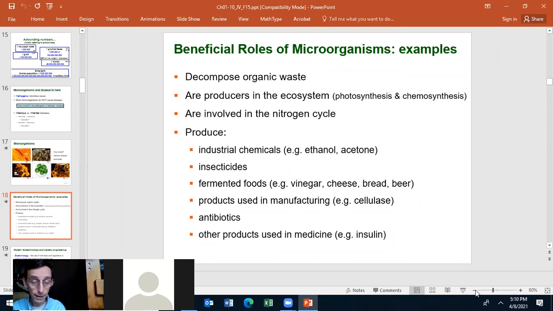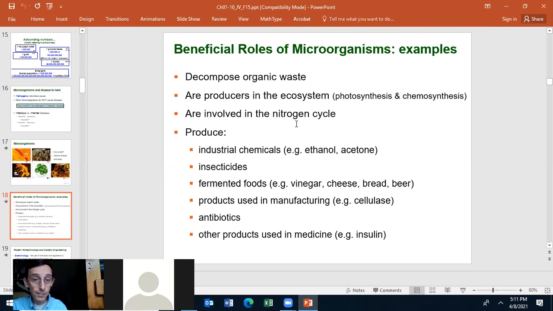Many of them engage in photosynthesis or chemosynthesis, making glucose from carbon dioxide and water. Microorganisms are involved in the nitrogen cycle. We talked about that yesterday. And they're involved in other cycling of nutrients on the planet Earth, such as sulfur and carbon and phosphate. We'll talk a little bit more about some of those.